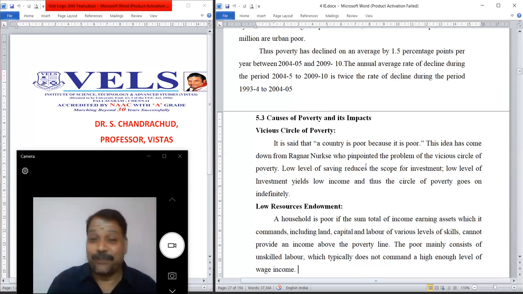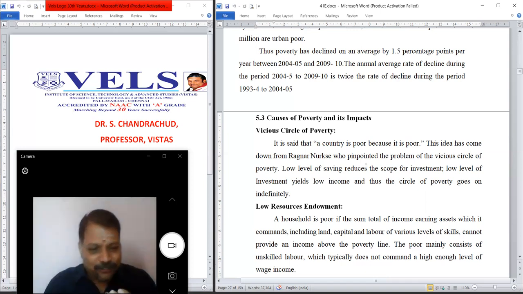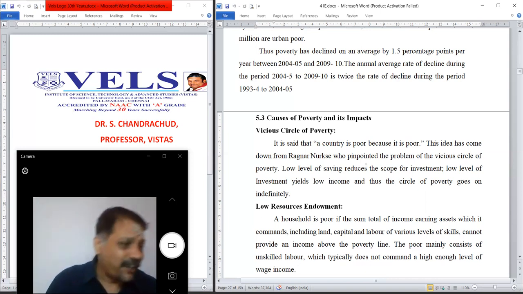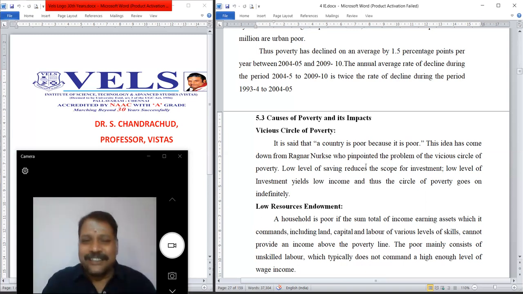Ragnar Nurkse, an economist. Why? The income is low, because of that the savings are low, because the savings are low they are not able to invest more, so it keeps on continuing. So poverty is persisting indefinitely.